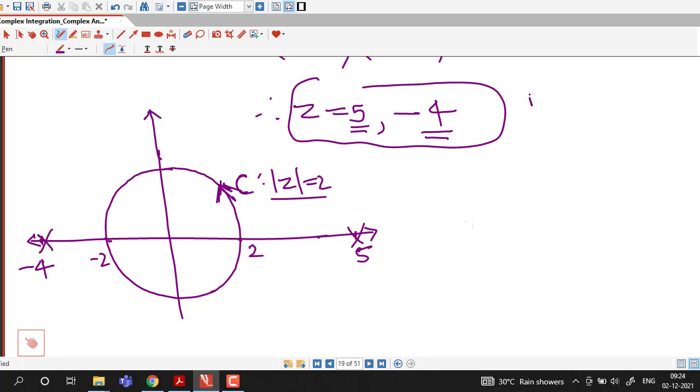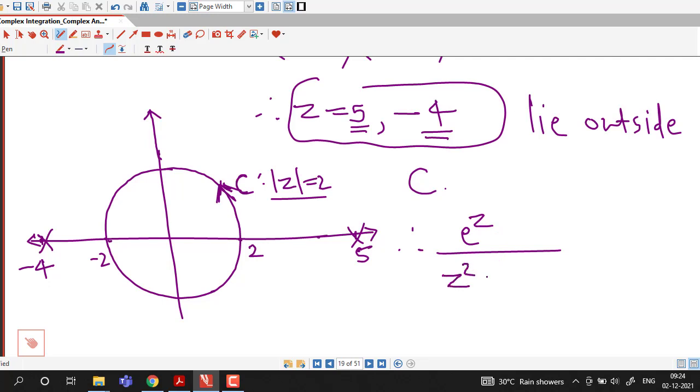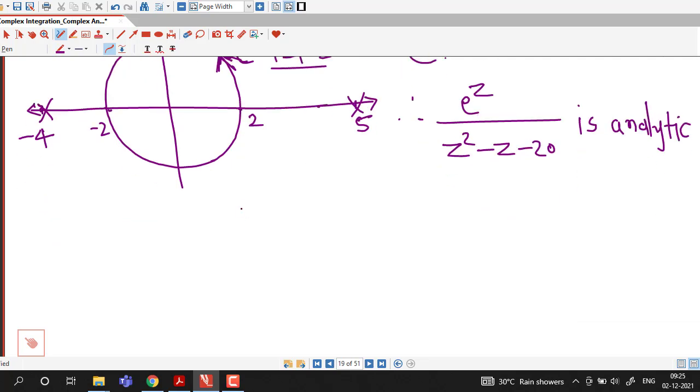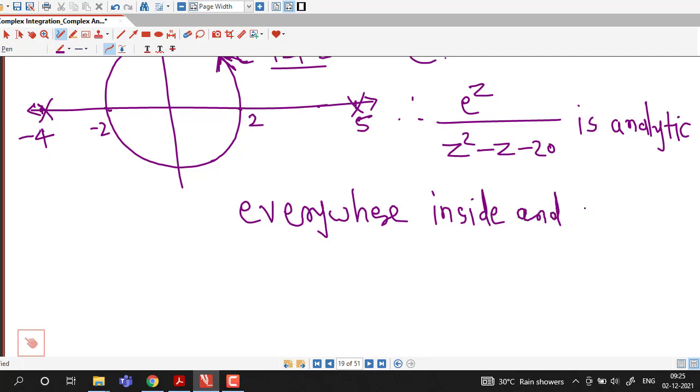So these two lie outside C. The points at which the given function is not analytic are outside this simple closed contour C. So therefore we can say that e raised to z divided by z square minus z minus 20 is analytic everywhere inside and on the simple closed contour mod z equal to 2.